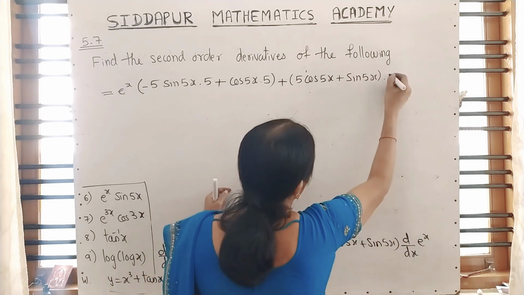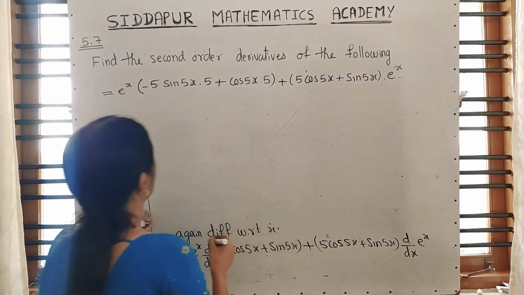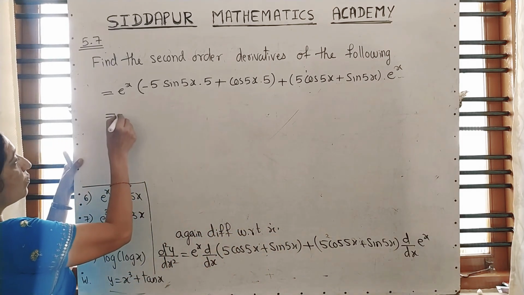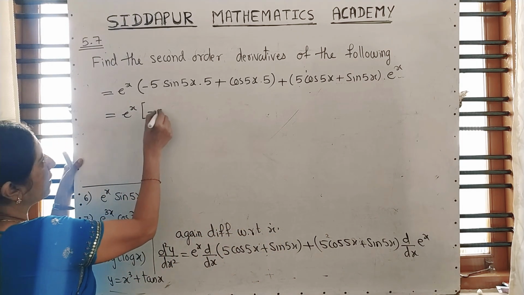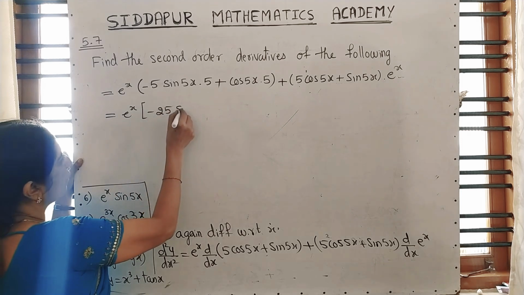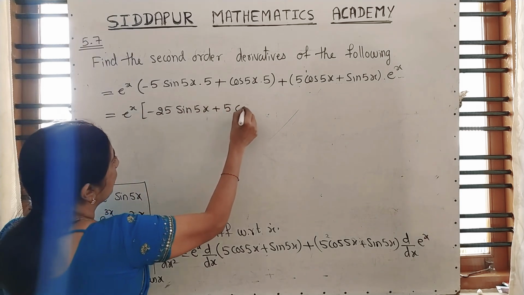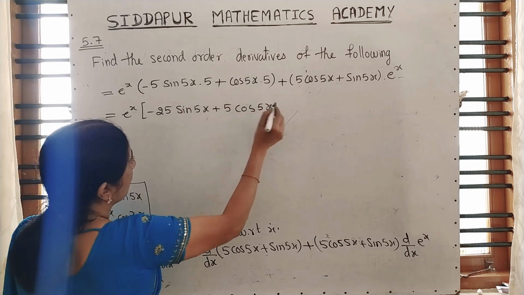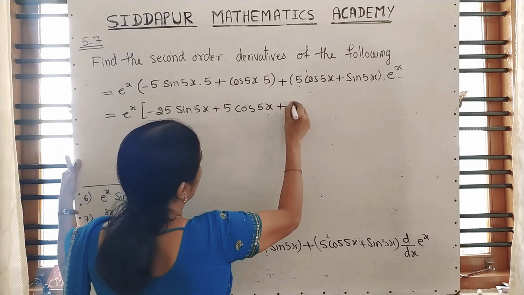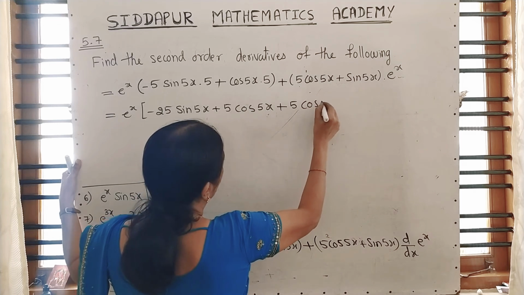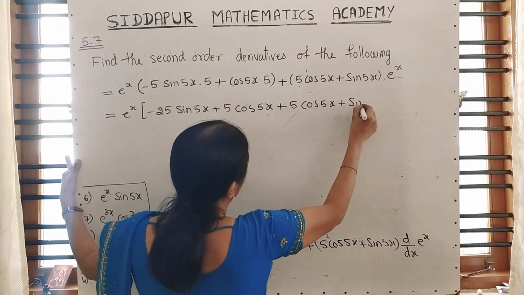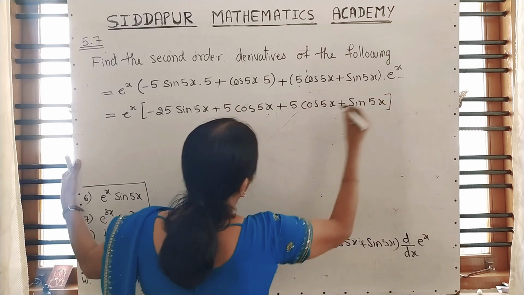Differentiation of e raised to x is e raised to x. Take e raised to x common in the bracket: minus 25 sin 5x plus 5 cos 5x, plus 5 cos 5x plus sin 5x.